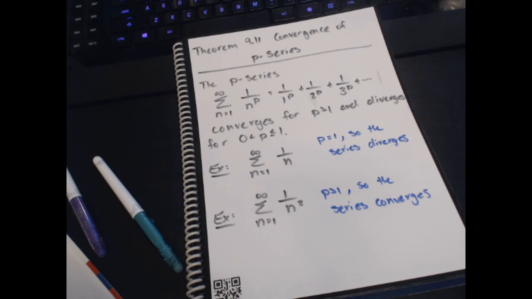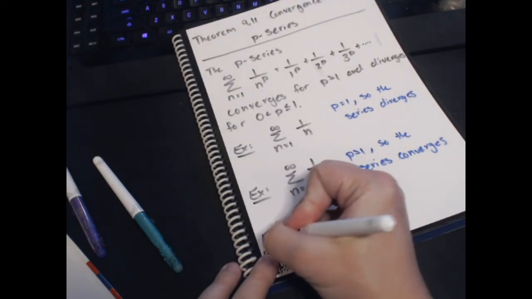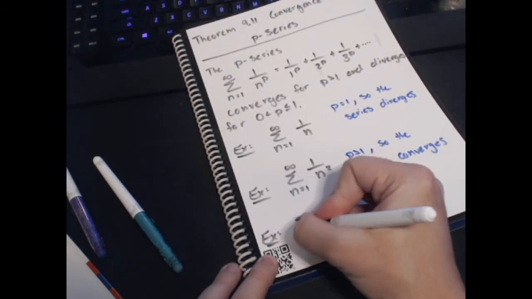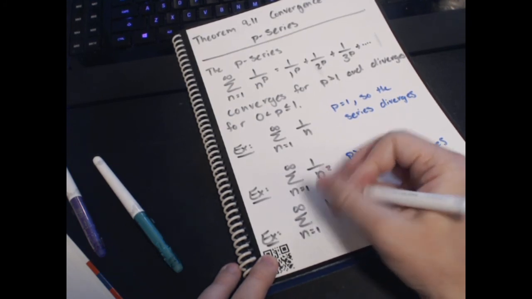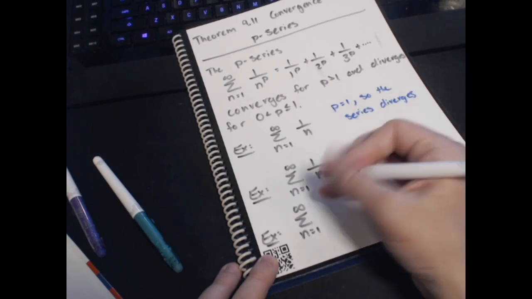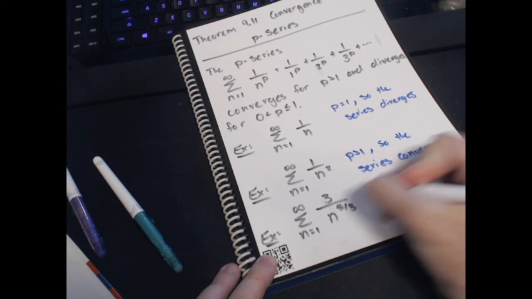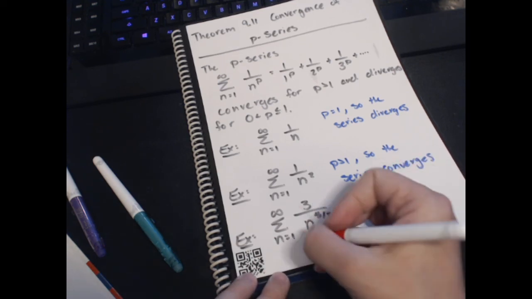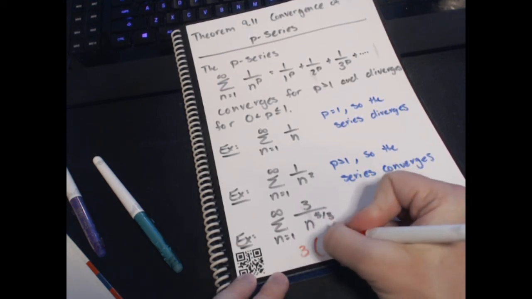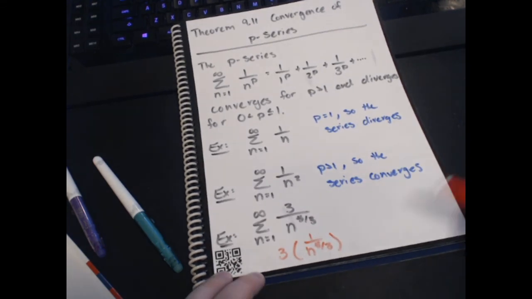Yeah. So, for instance, here's another example: summation n equals 1 to infinity of 3 over n to the 5 over 3. I could rewrite this if I wanted to, right? I could make that 1 over n to the 5 thirds. That doesn't really matter, but then it fits the property.